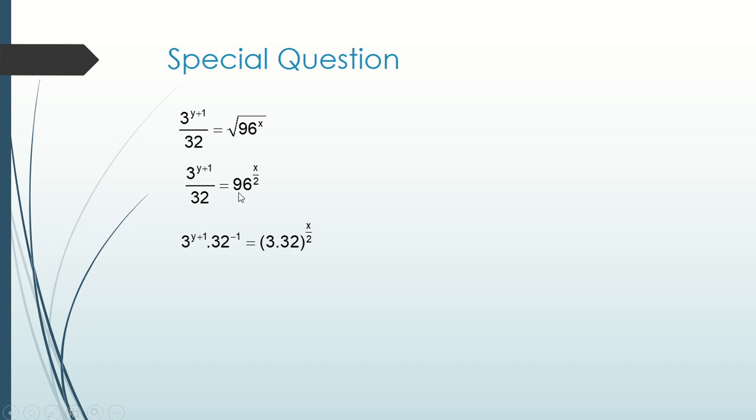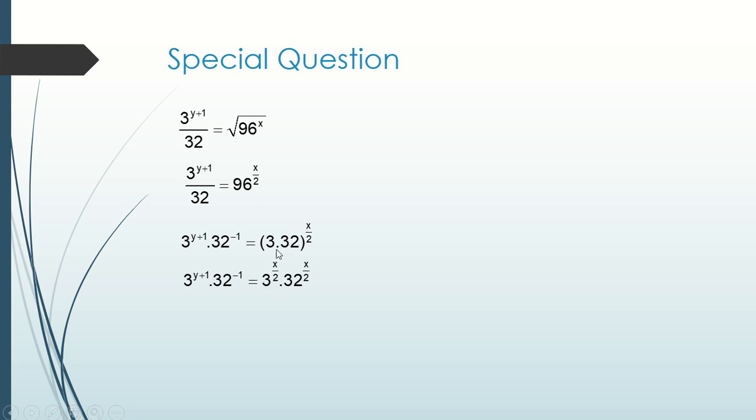I also realized that 96 is 3 times 32. So this means now we have 3 on this side, 3 on that side, 32 on this side, 32 on this side. And this is all raised to power x over 2. This power will then be distributed to both bases. And now we can say that we have 3 to the power y plus 1.